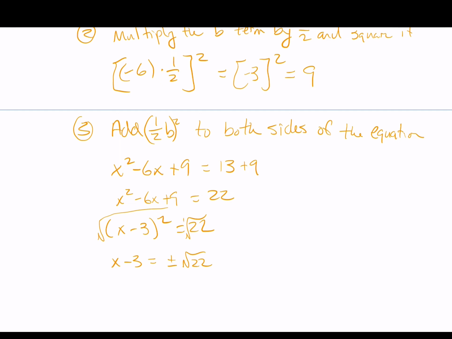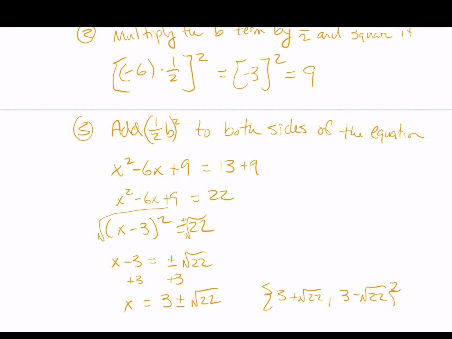Again, remember, when you take the square root of the right-hand side, you have to have the plus or minus. We can add 3 to both sides, and we get x is equal to 3 plus or minus the square root of 22. So our solution set is 3 plus the square root of 22, 3 minus the square root of 22.